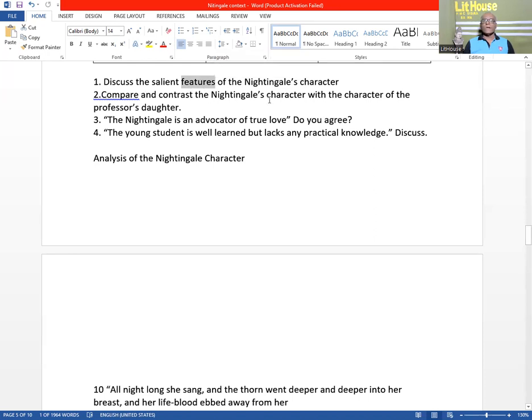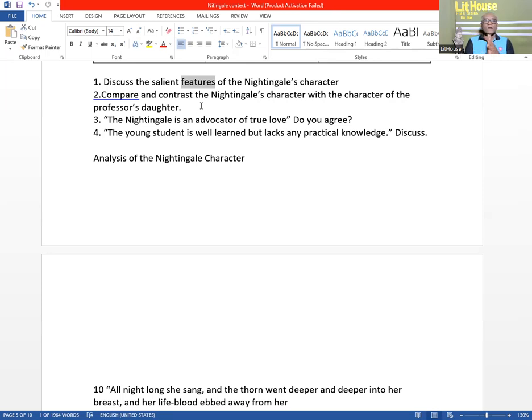Compare and contrast the nightingale's character with the character of the professor's daughter. This is also character analysis. Comparing and contrasting. Comparing means you discuss similar qualities. Contrasting means you discuss dissimilar, unmatching qualities.